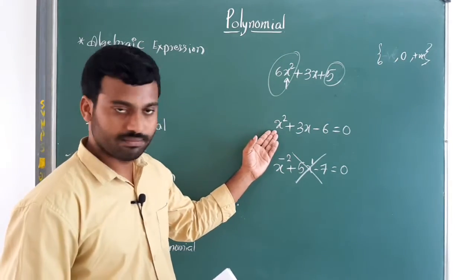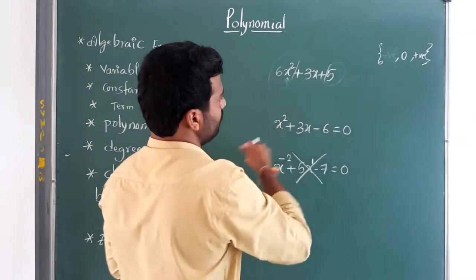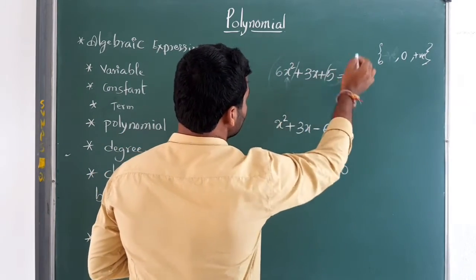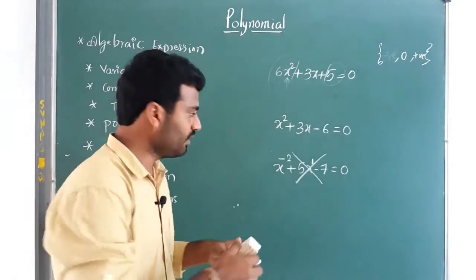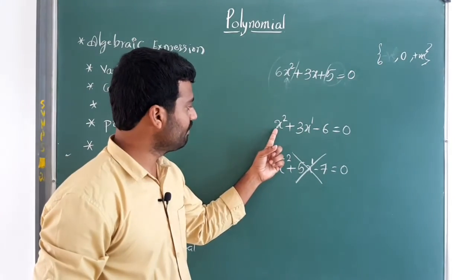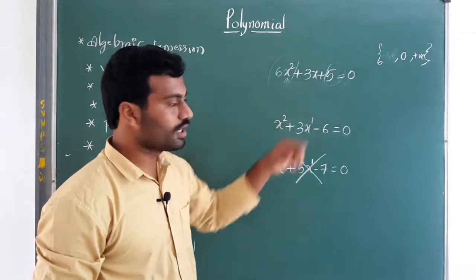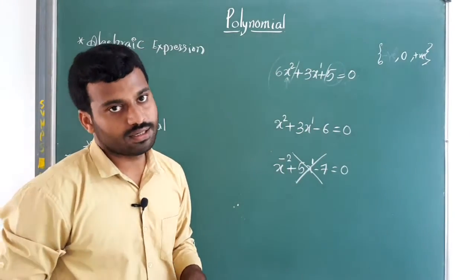Let us come to here. Even this is also a polynomial, equals to 0. See, here also one variable is there. The power of the variable is 1. This power of the variable is what? 2. Here also the power of the variable, nothing is there, means 1. Clear or not?